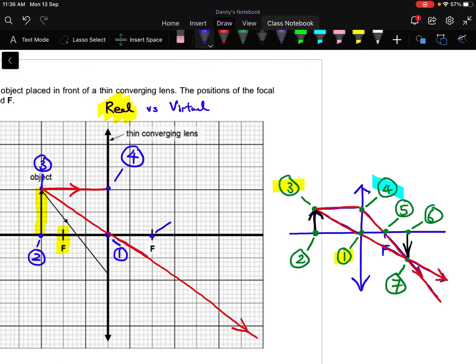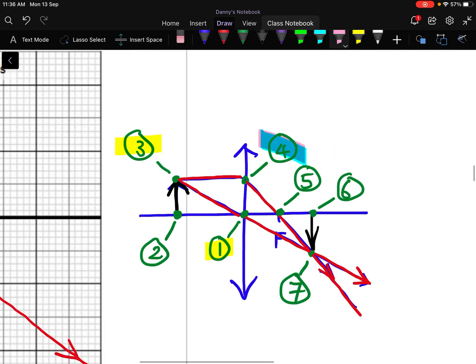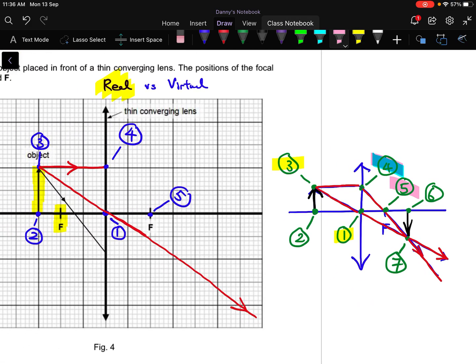And since you know point number 4, and you can see that there is point number 5 over here, you can tell from the standard diagram that you can link up 4 and 5 as well. So from 4 to 5, you can use a ruler and draw a straight line.